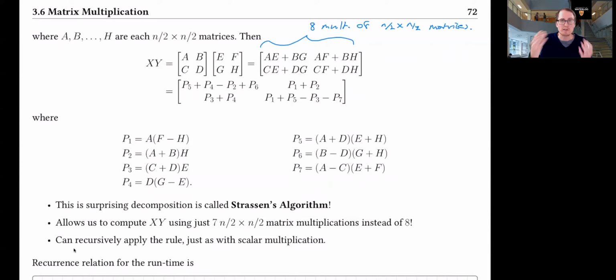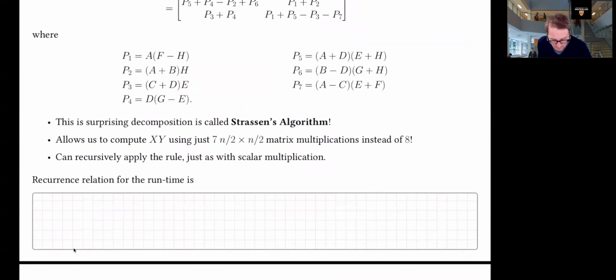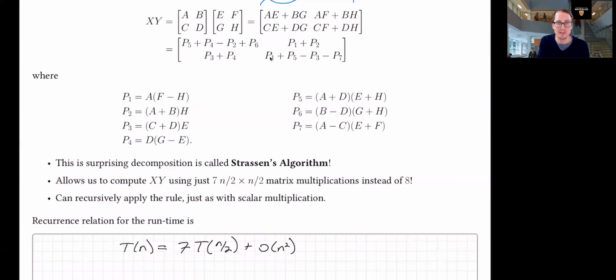And so we can recursively apply the rule just like we did in our divide and conquer multiply algorithm. And we get a recursion relation that looks like the time to multiply 2 n by n matrices is 7 times the time to multiply n over 2 by n over 2 matrices plus big O n squared time to combine their answers, because I have to do these sums, right?